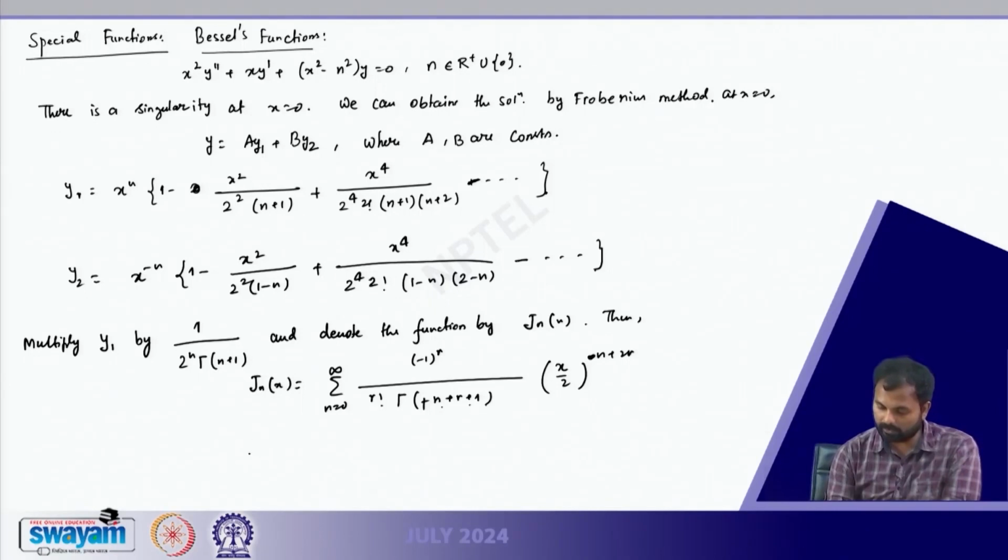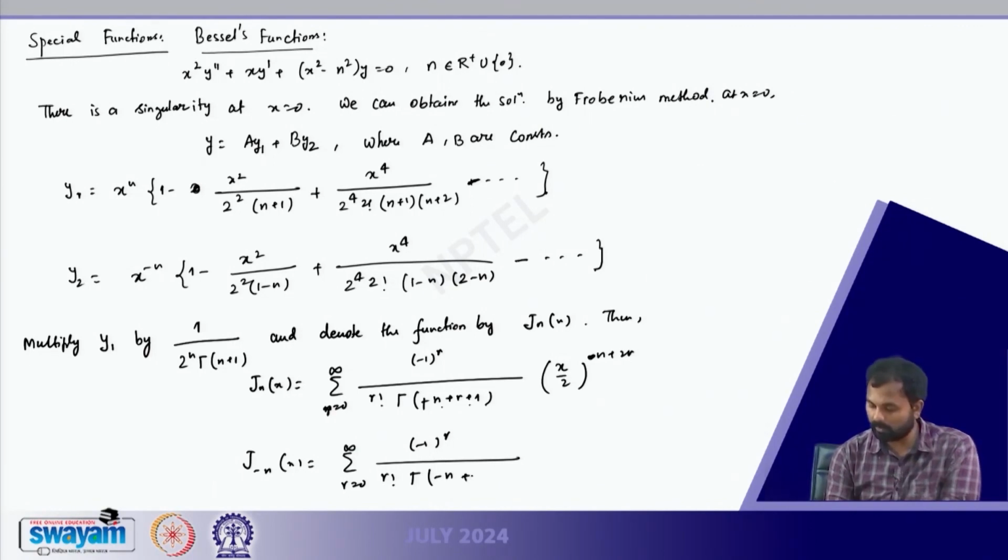And J_minus n(x) will be the summation, r running from 0 to infinity, of (minus 1) to the power r over factorial r gamma (minus n plus r plus 1) times (x by 2) to the power (minus n plus 2r). Here it is minus n.